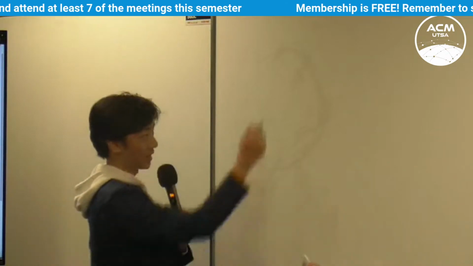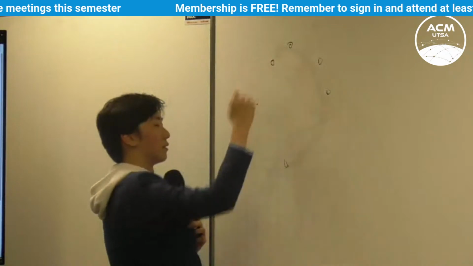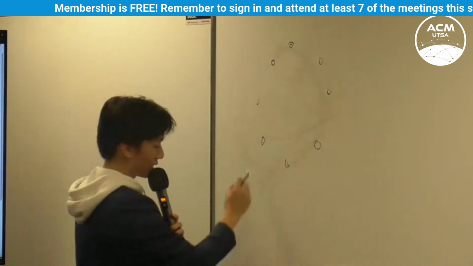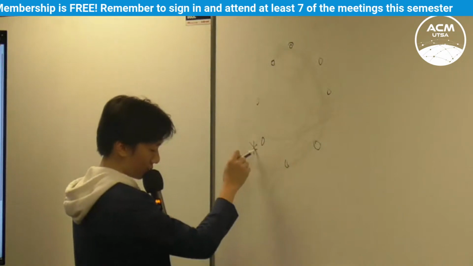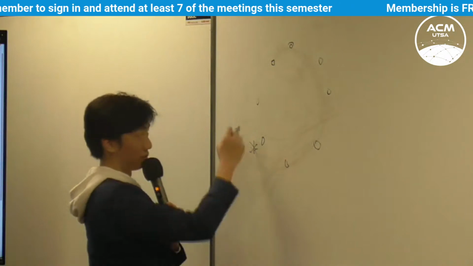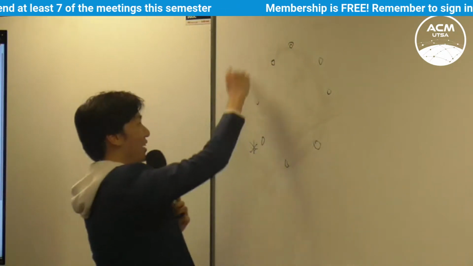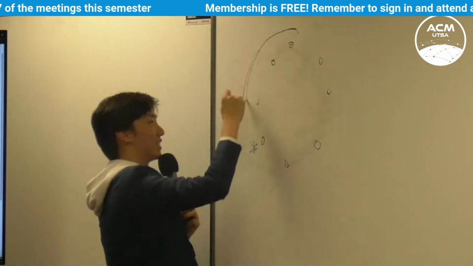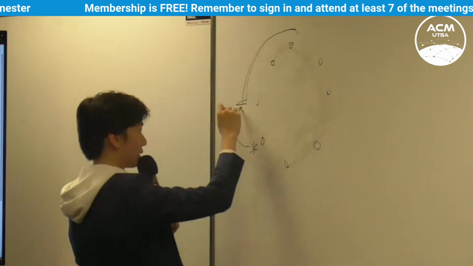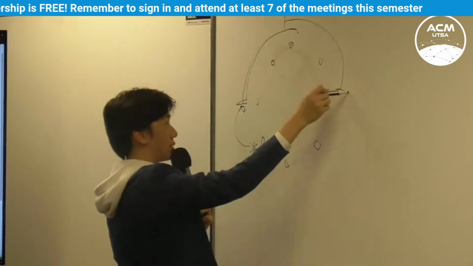So example with 8 pillars. Okay, so boss starts here. Bomb 1. You bomb these 3, right? And then boss goes here. And then you bomb these.